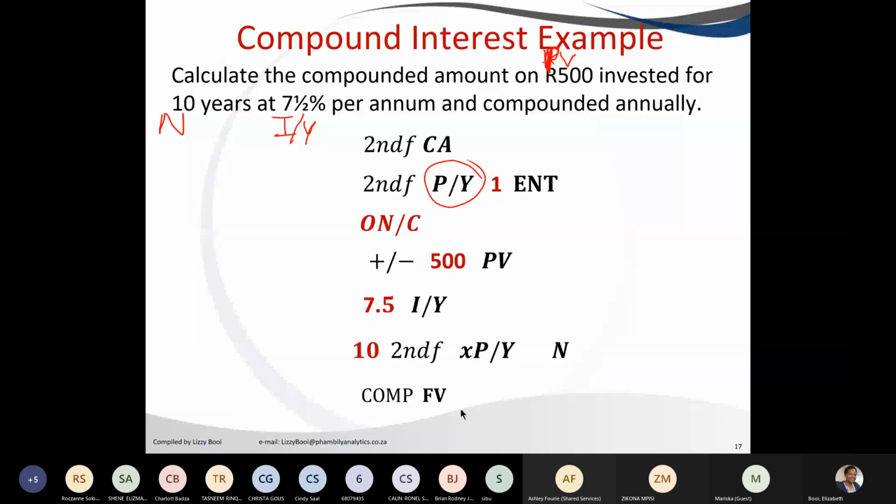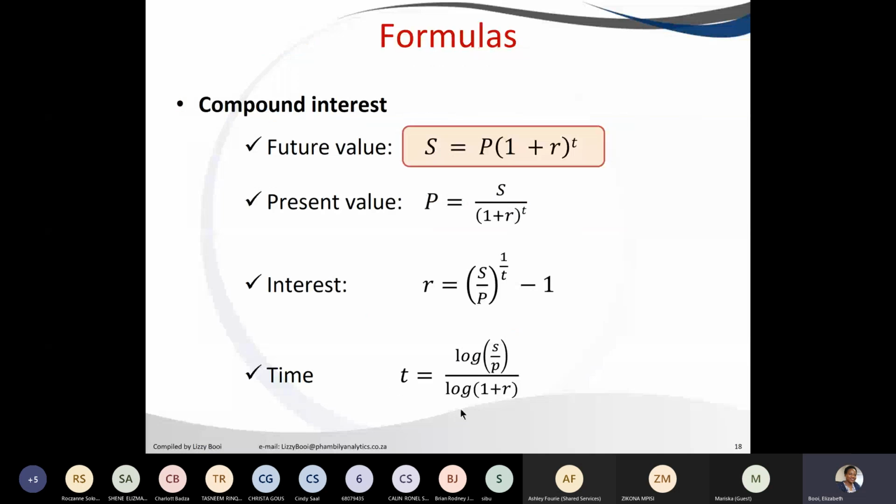Like with simple interest, there are formulas that, especially for those who are going to calculate this manually, you need to know how to make T the subject of the formula. Now, here is the tricky part. T is in the power.